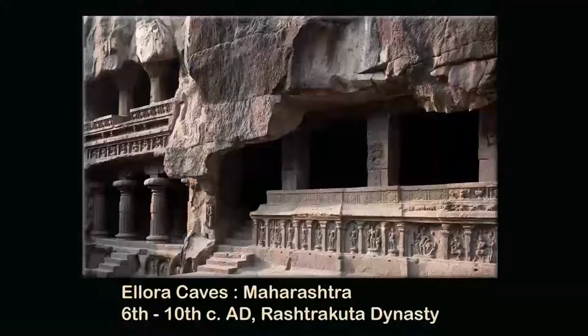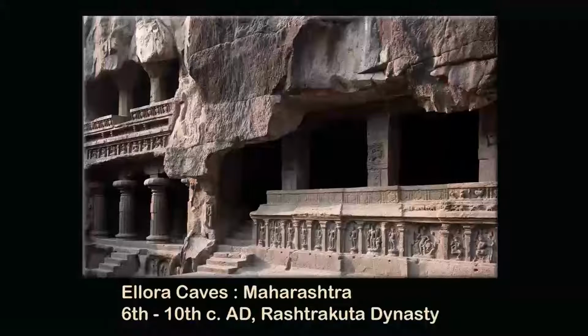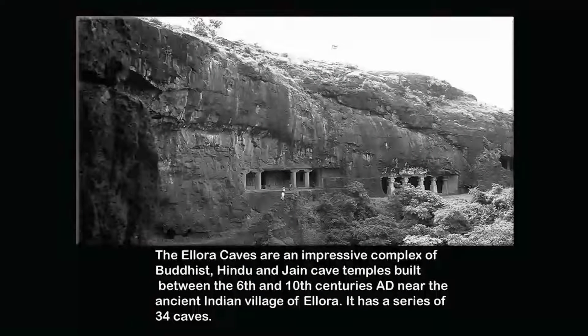Ellora should be considered as another very important site, and as I have already mentioned, this particular site is a series of almost 34 caves, and the religious context of these caves is also very interesting, because all the caves are not dedicated to one religion. You have caves dedicated to Buddhism, then you have Hindu caves as well as Jain caves.